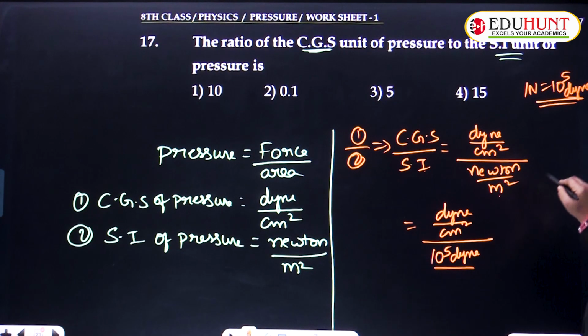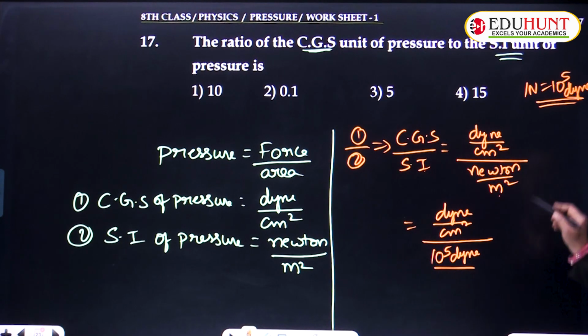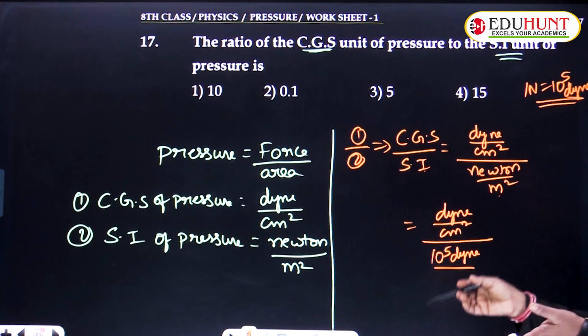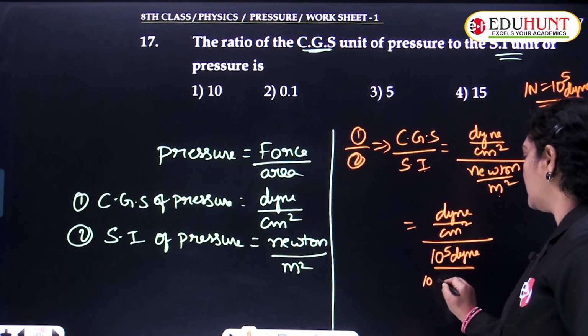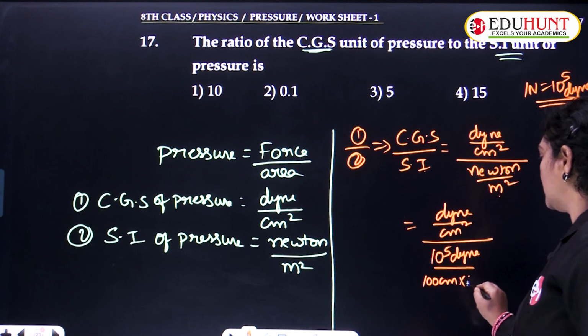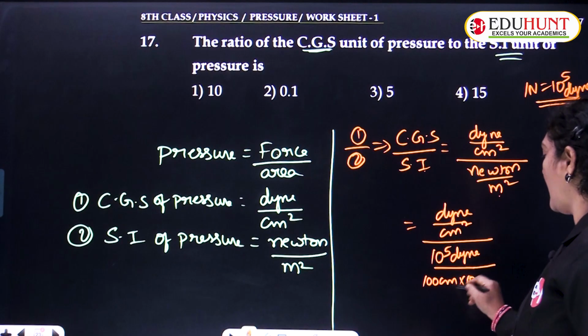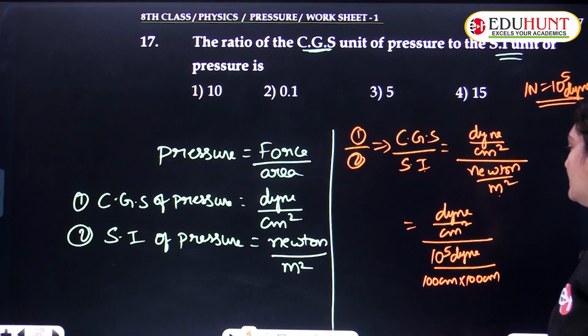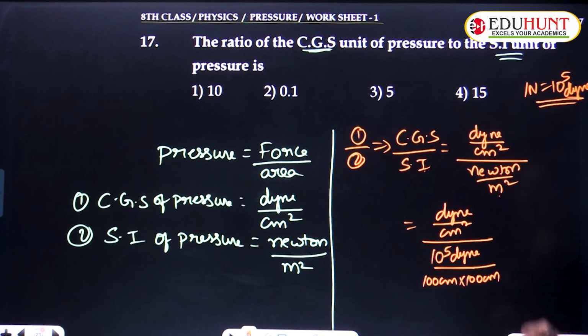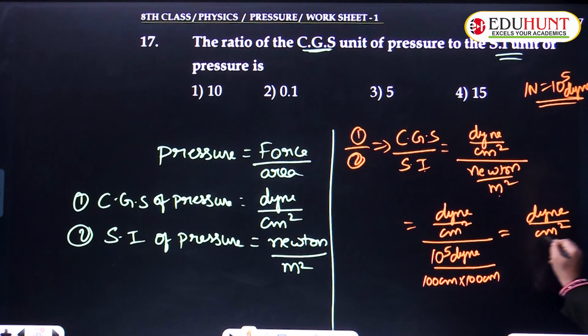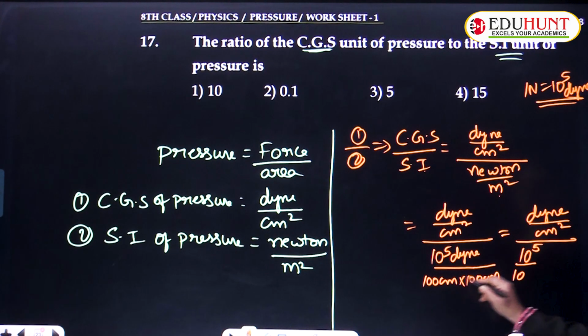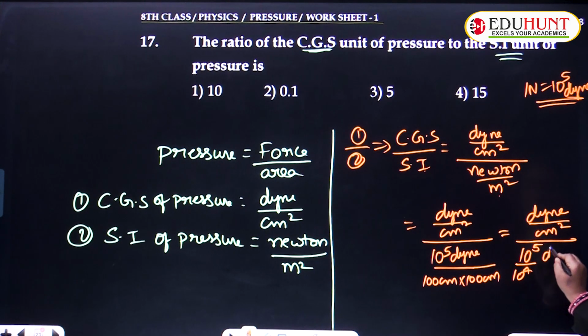Meter is nothing but 100 centimeters, and meter square means meter into meter, that is 100 centimeters into 100 centimeters. So this can be written as dyne per centimeter square whole upon 10 power 5 by 100 into 100, that is 10 power 4 dyne per centimeter square.